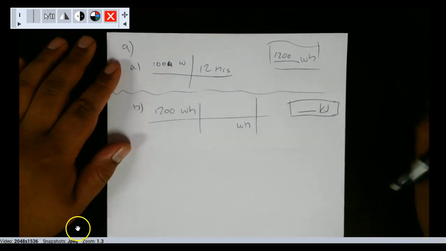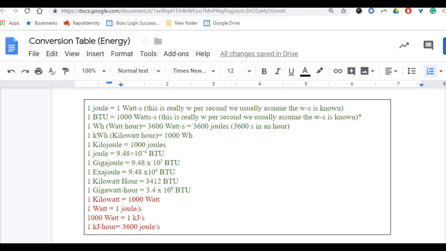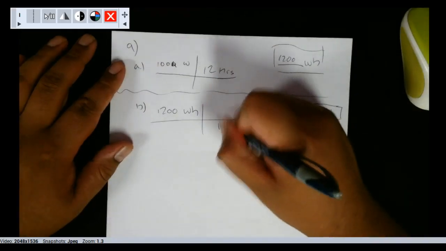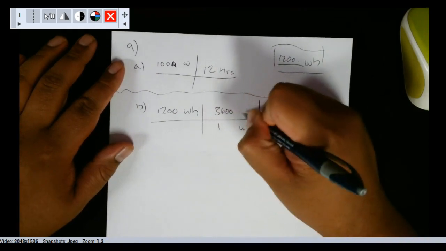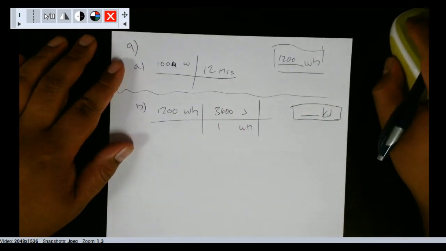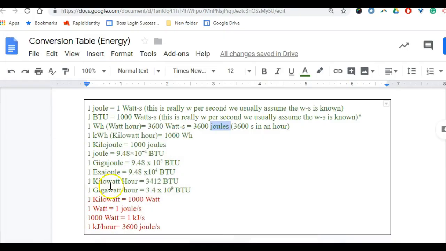All right, is there any conversion between watt hours and kilojoules? I didn't see any. Not from kilojoules to watt hours, but I do see joules right here. So I'm going to go back and go 1 watt hour equals 3,600 joules. Now I know there's a conversion between joules and kilojoules, so that's right here.